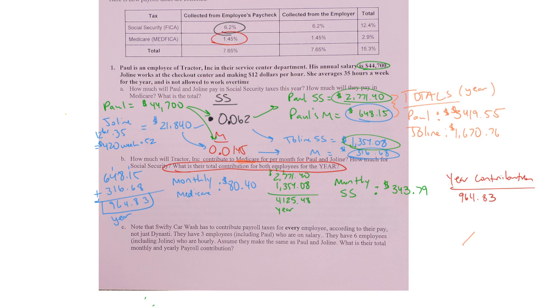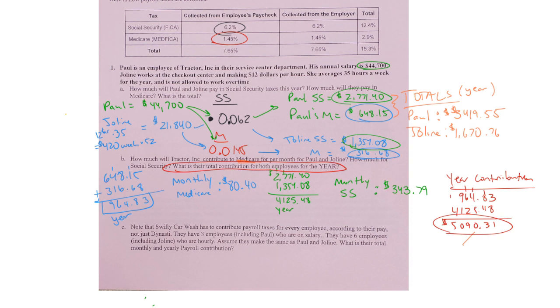I'm going to add it to $4,125.48. So I got $5,090.31 for the year for both.